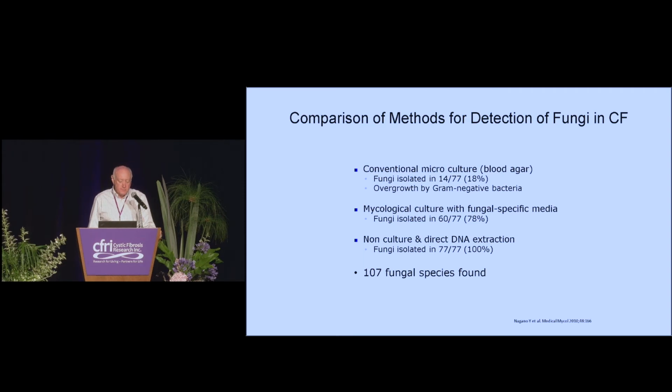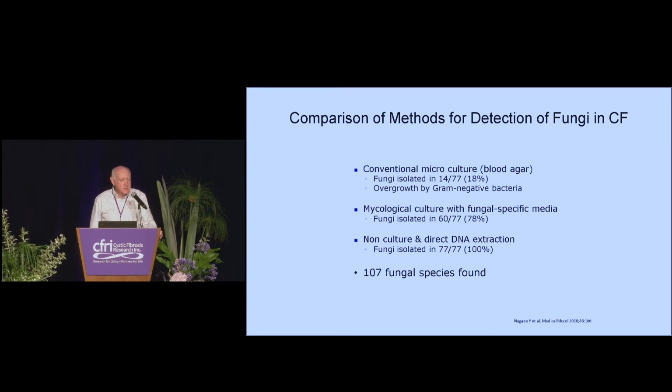So just to give you a flavor of what happens when you do some of these things, this is a study that was done in Northern Ireland, published about 8 years ago, where the traditional method of culturing was compared to use of fungal-specific media on a portion of the same sample, and again another portion taken for direct DNA detection. And as you see here, about 18% of the samples in this particular study were positive when the traditional culture was done.